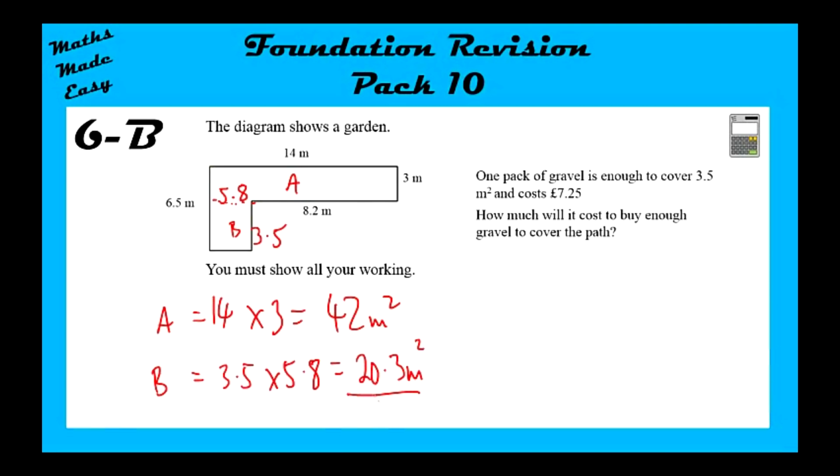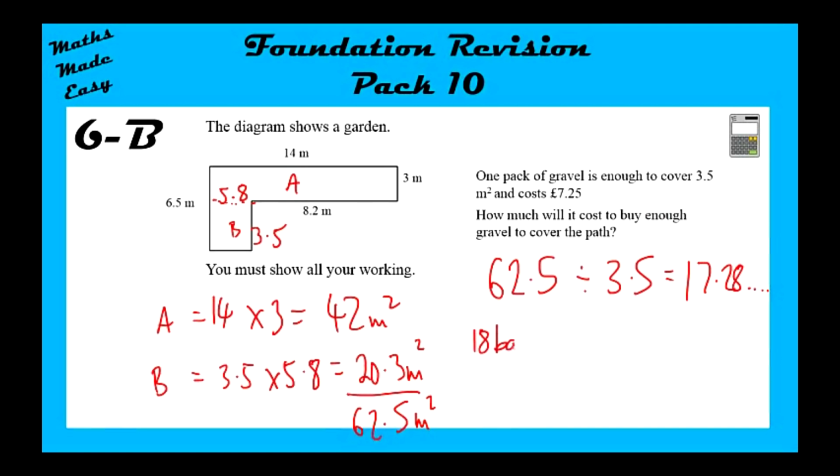And if we add these guys together, we get 62.5 meters squared. So we've got 62.5 meters squared to cover, but each bag only covers 3.5, so we work out how many bags by dividing 60.5 by 3.5, which comes out as 17.28, and there's more to that. But again, we can't buy 17.28 bags, we'll have to buy 18 bags.